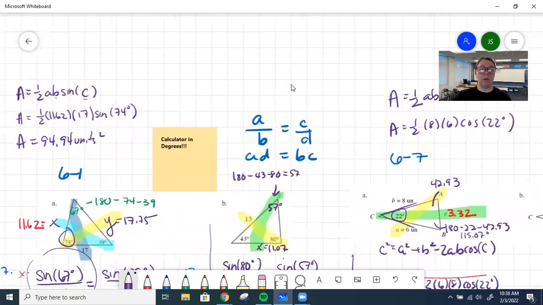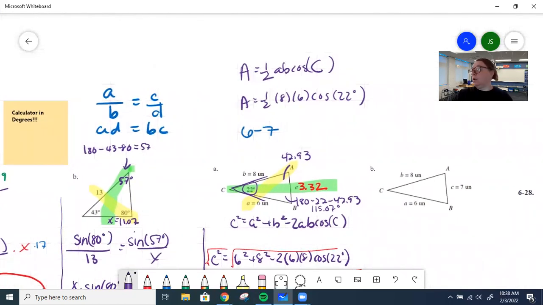No, that was a 74. I'm losing it. All right, so 0.5 times 6 times 8 times the sine of 22 is 8.99 units squared.